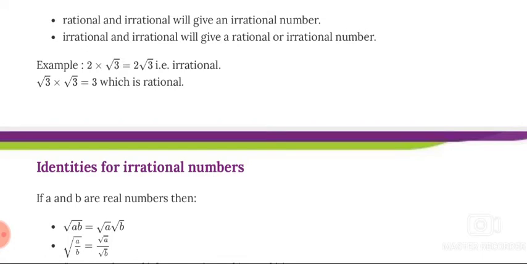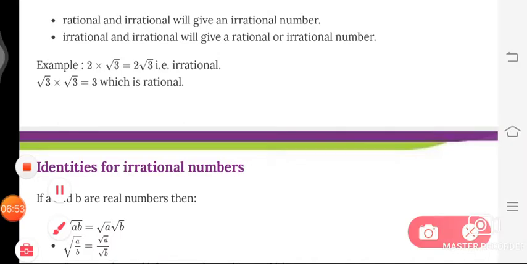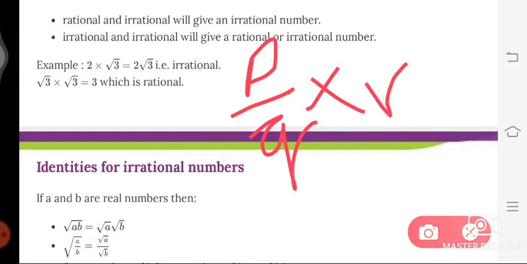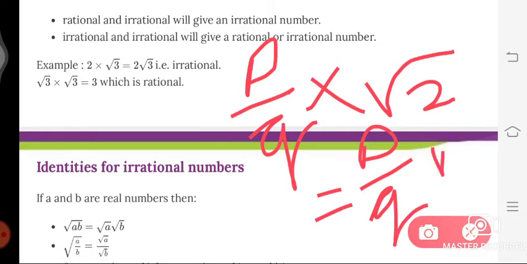So if we multiply a number which is p by q by an irrational number like under root 2, then we get an irrational number which is p by q under root 2.